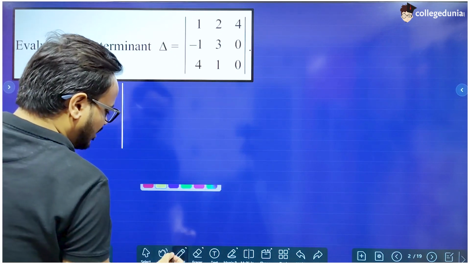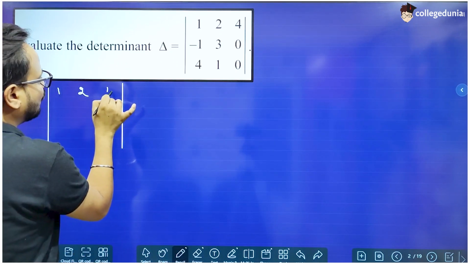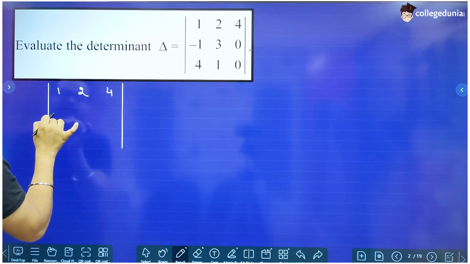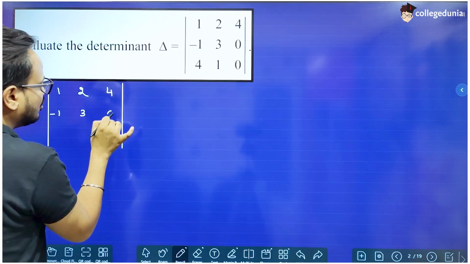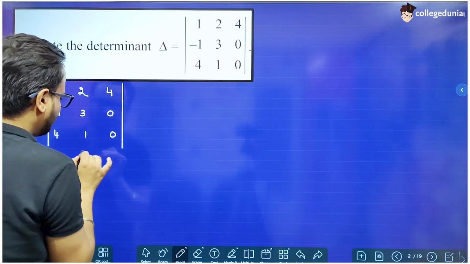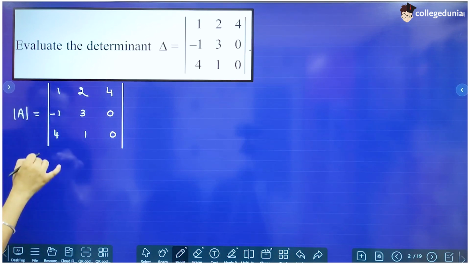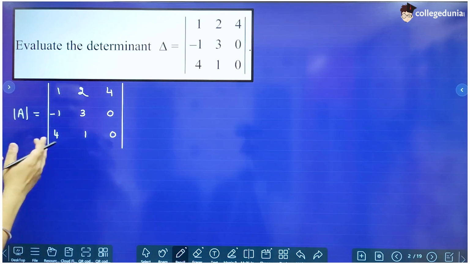Now let's write this determinant first. 1, 2, 4, -1, 3, 0, 4, 1, 0. Let's expand it along row 1.